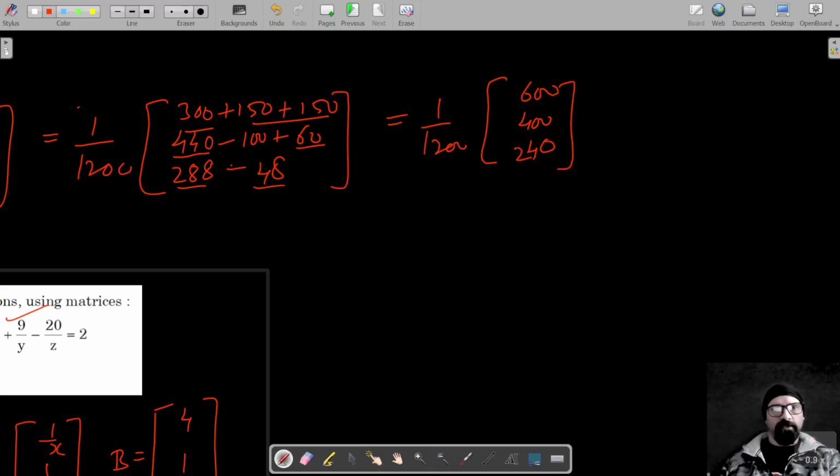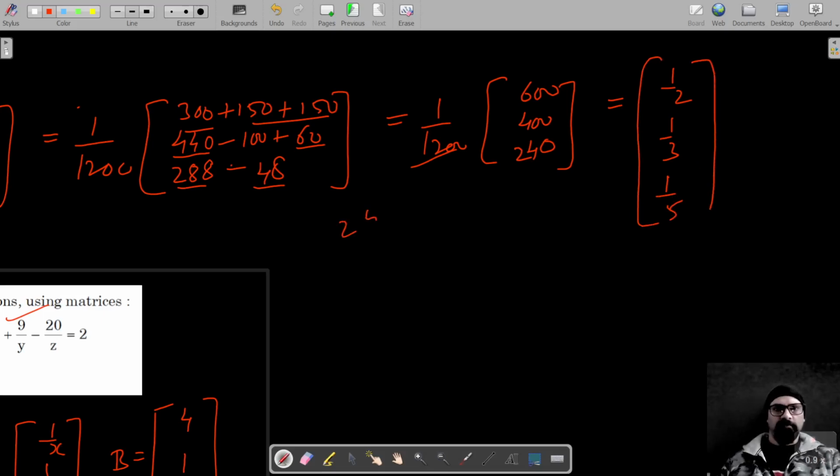So 600, 400 and 240 has to be divided by 1200 each. So this gives me 1 by 2, 1 by 3 and 1 by, this is now 5. So this is 240 divided by 1200, which is 1 by 5.